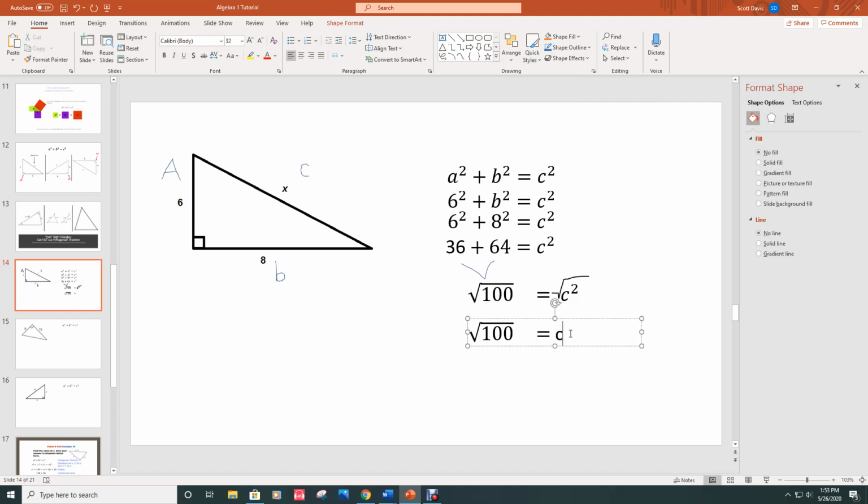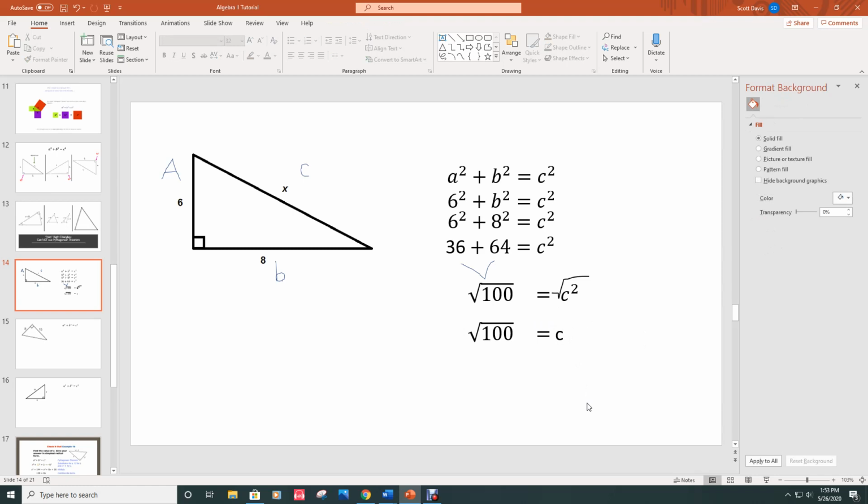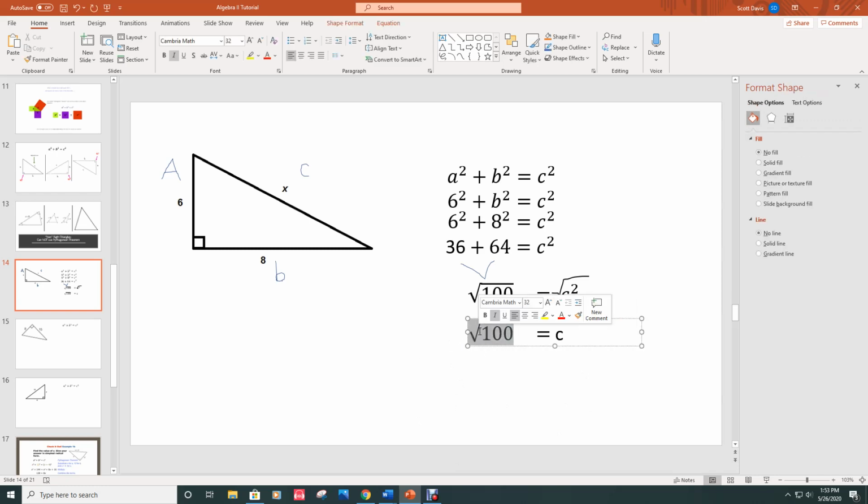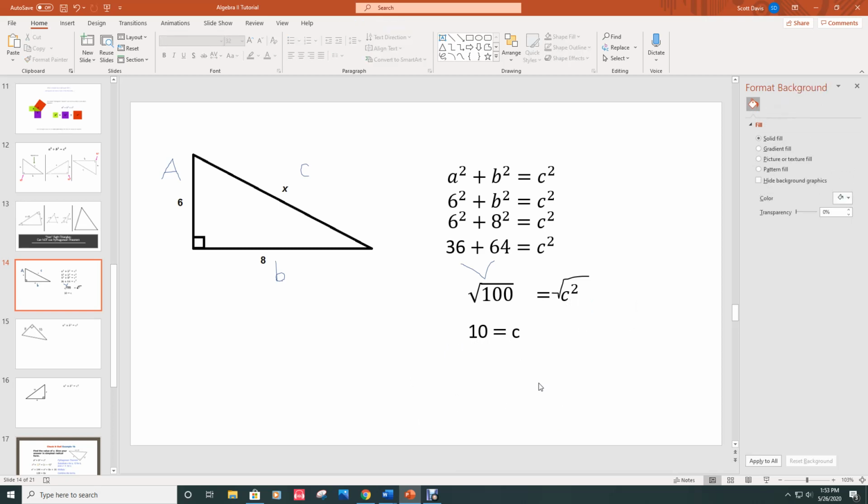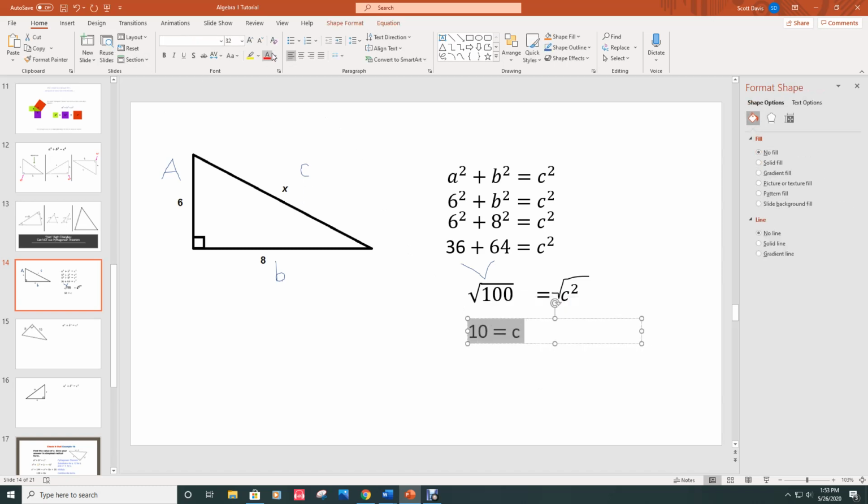It got rid of our square root and just left us with c. So now we need to know what the square root of 100 is. Square root of 100 is 10. So that is our final answer. The length of this side, c, equals 10.